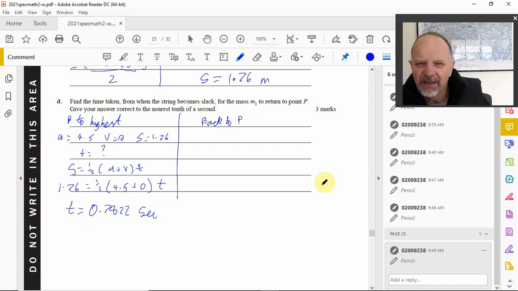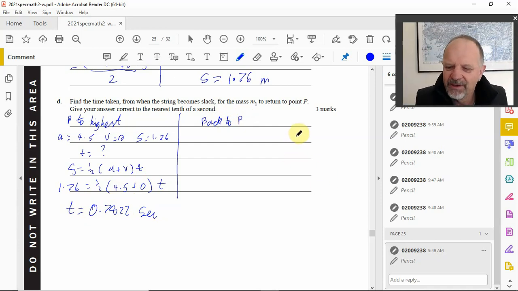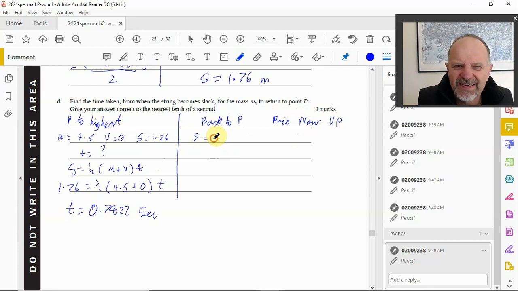All right, so then we want to know, get back to P. And the thing when we're going back to P is that the friction is now up the plane because it's moving down the plane. So friction now up. What we know is that the distance it's going to travel, well, it's back to P, it's going to travel a distance of 1.76, but it's traveling down, so it's negative 1.76. u, it was momentarily at rest, and we need to know about the acceleration.